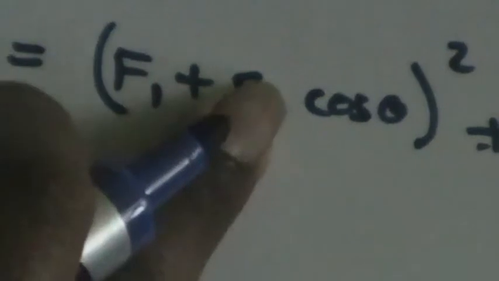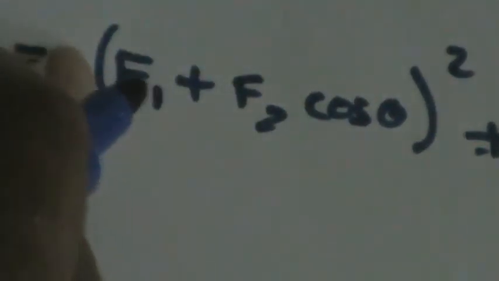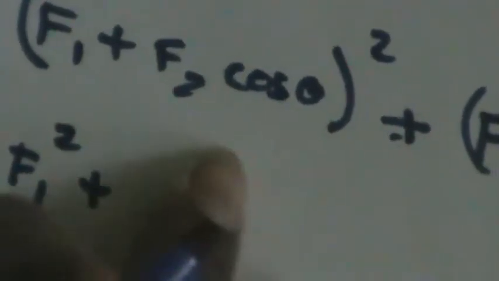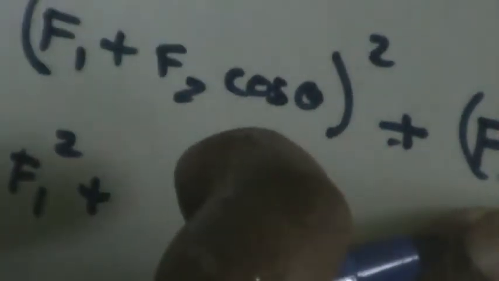So I can simplify this. (F1 plus F2 cos theta) square is like (A plus B) squared, so it will be A squared plus B squared plus 2 times AB. A squared is F1 square. 2 times AB: A is F1, B is F2 cos theta, so that will be 2 times F1 F2 cos theta.